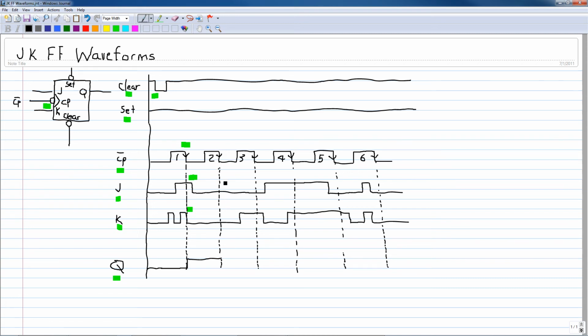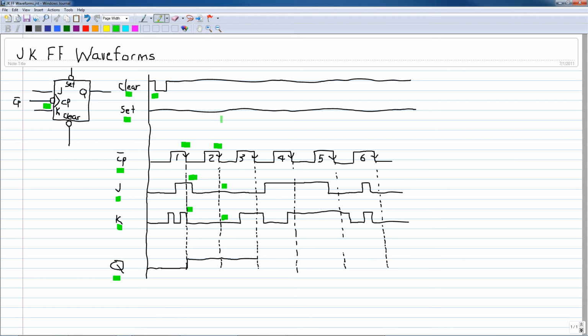We come down and analyze the condition of J and K at the next clock pulse. This would be here. We notice that J is at 0 and K is at 0. So that means that there is no change in the output. Therefore, Q remains constant, in this case at a logic 1, until the next clock transition.